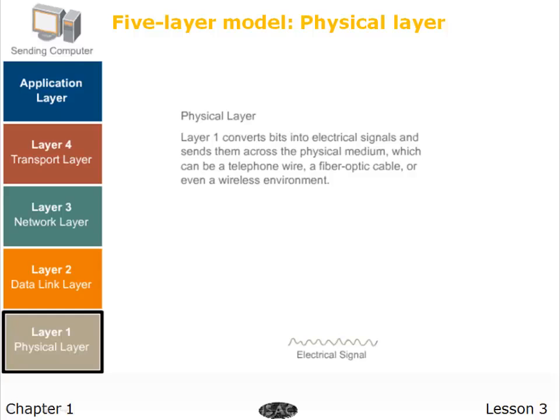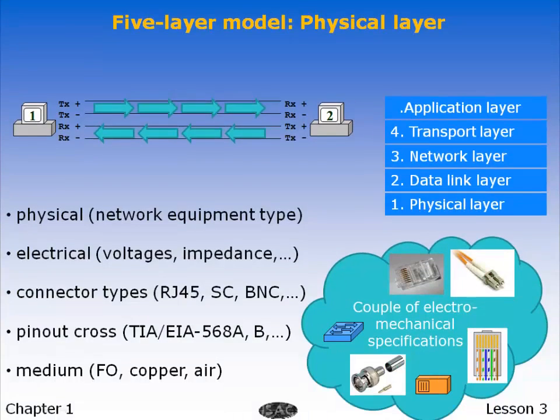Even the connector type, even the voltages, all these are defined by the physical layer. So network equipment type, impedances, connector types: it could be RJ45, for copper twisted pair, SC, LC, FC for optical wires, BNC for coaxial cables, and so on.